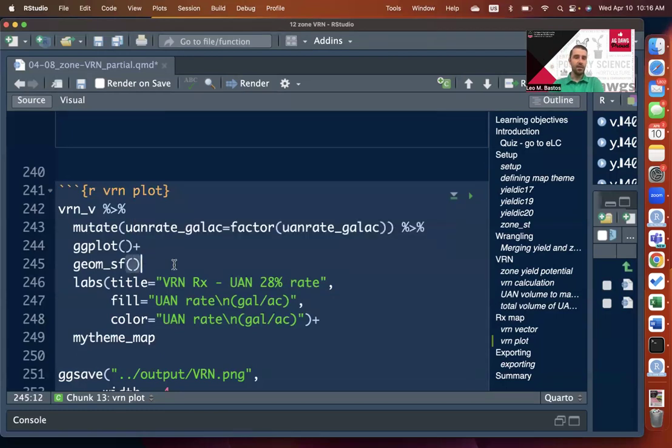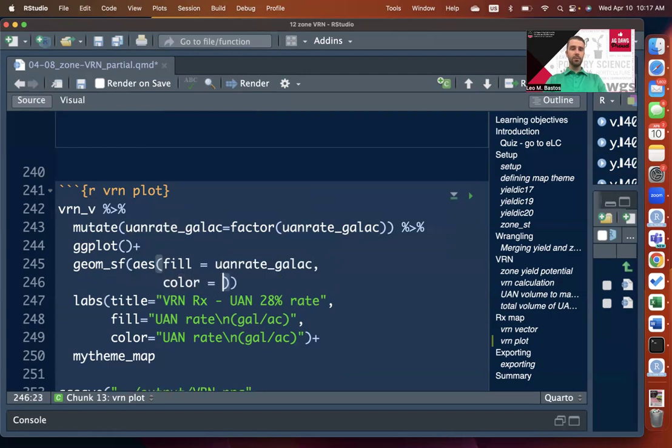What I want to do here is go into the aes to say that I want the fill and the color of those mini polygons to be according to the UAN rate gallons per acre. So we're just going to come here and say fill equals UAN rate gallons per acre, and color equals the same variable.